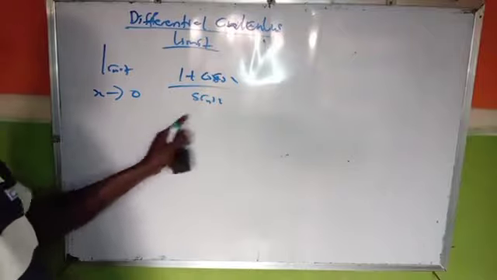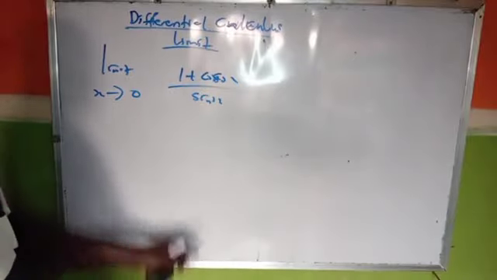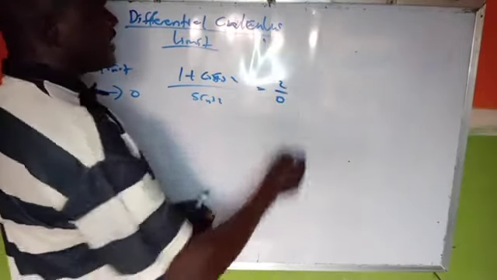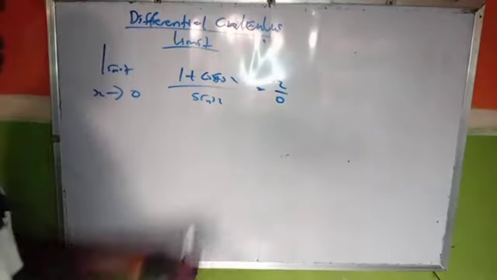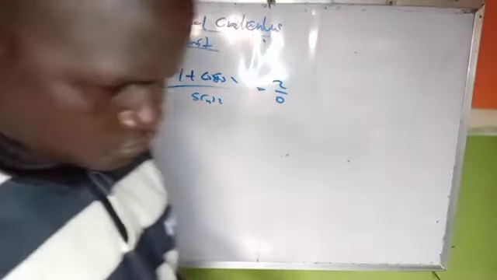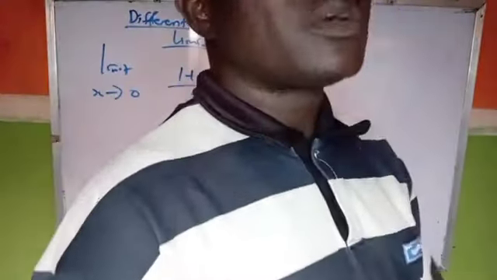If x tends to 0, sine 0 is 0. Even if the numerator is 1 or 2, dividing by 0 gives infinity, so there's no solution for that. Since this has no solution, what are you going to do? You can use the rationalization method.